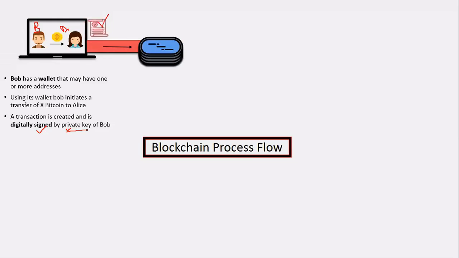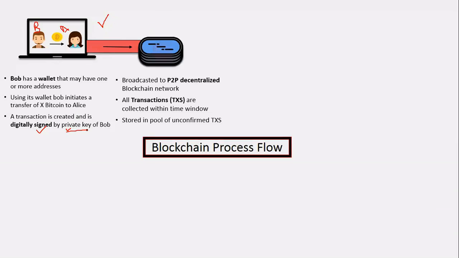Now, the second process is that this transaction is sent or broadcasted to the peer-to-peer decentralized blockchain network. Why decentralized? Remember, we talked about centralized systems where everything is housed and is under the control of one single authority.